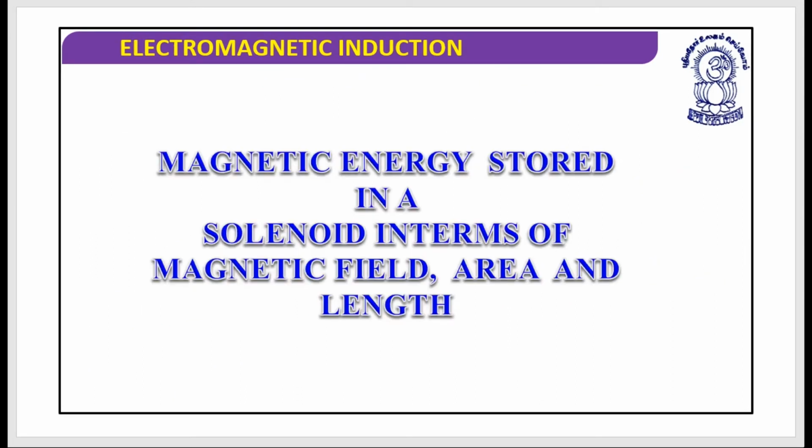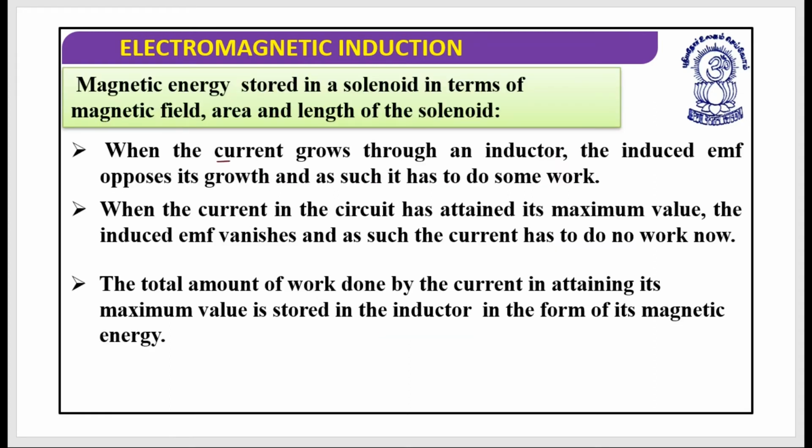Now let's discuss the magnetic energy stored in a solenoid in terms of the magnetic field, area, and length. So when the current grows through an inductor, the induced EMF opposes its growth, and as such it has to do some work.